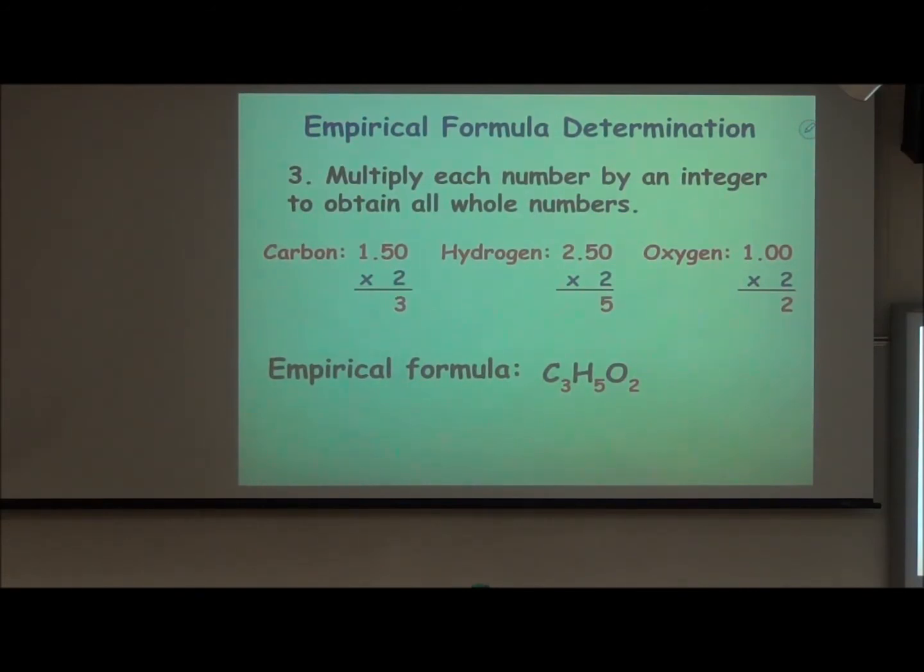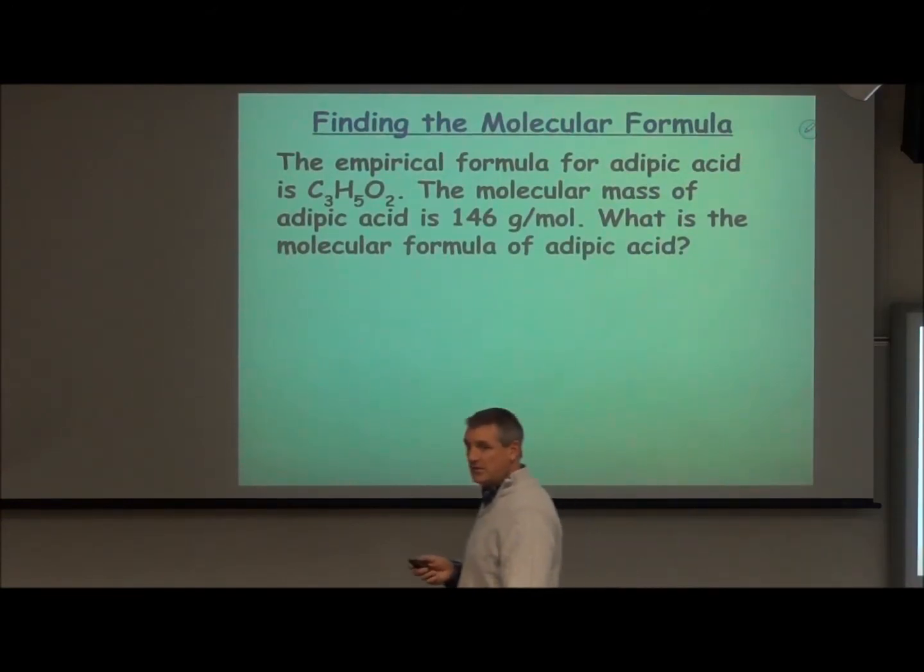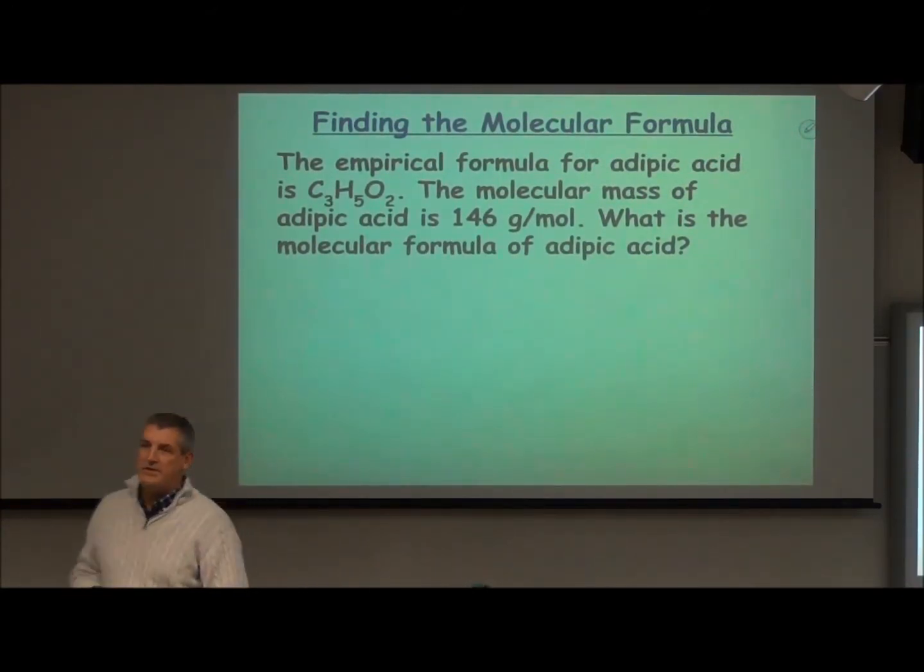Okay. Our last step is simply to find out if the empirical formula and the molecular formula are the same. So on the right side of the sheet is the second half of the problem. It tells us that the actual molecular mass of this compound is 146 grams per mole.